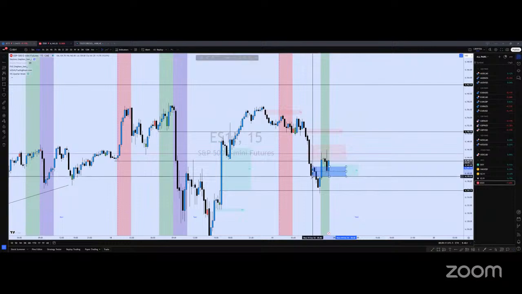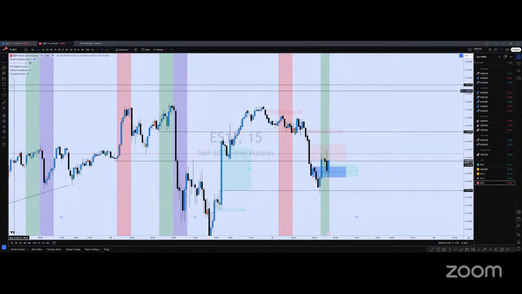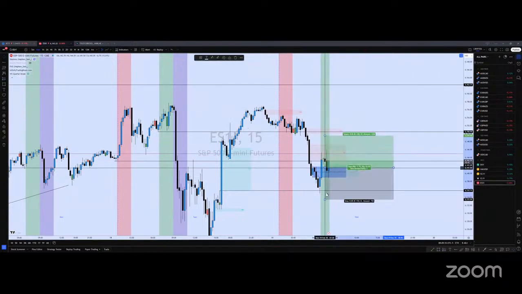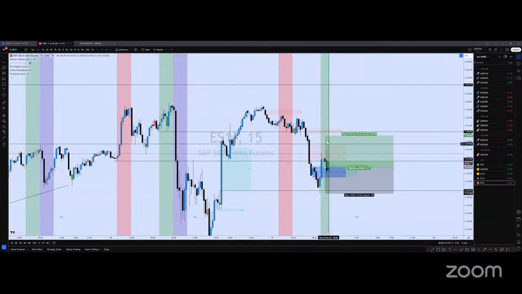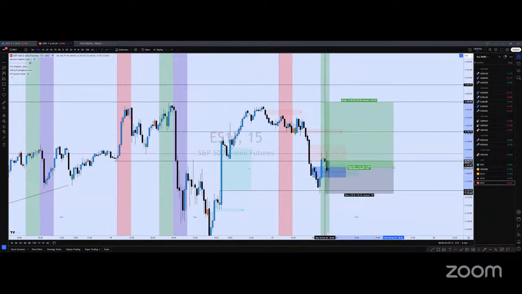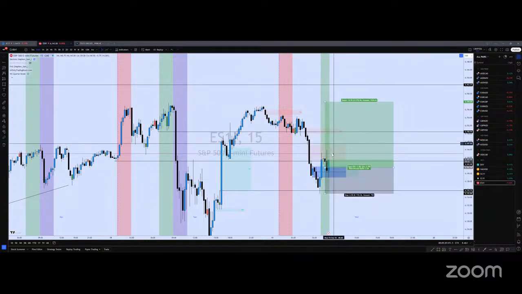So just as we start the session, I think that was a nice area that price is going to shoot away from for this equal high. It's just a quick one, because I was actually taking that trade just before I started the session.